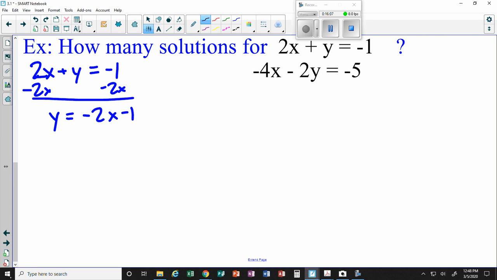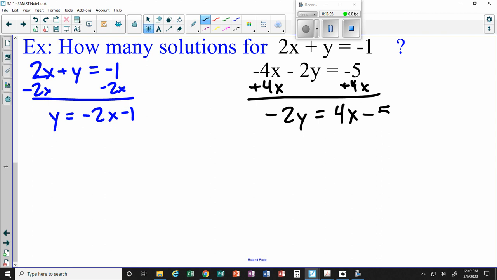Next equation. Second equation. How am I going to put this one into slope-intercept form? Add 4x. So it's negative 2y equals positive 4x minus 5.